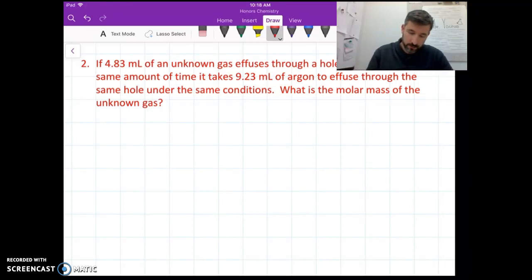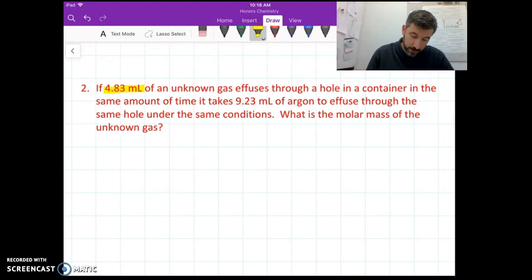So the first gas, the 4.83 milliliters: the volume of gas that's able to escape would be directly related to how fast the gas was moving. So that becomes its velocity instead of its volume.